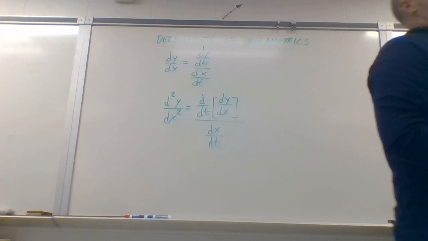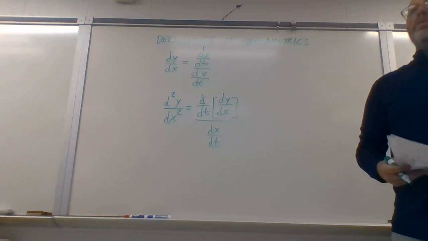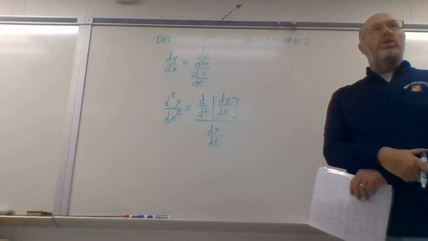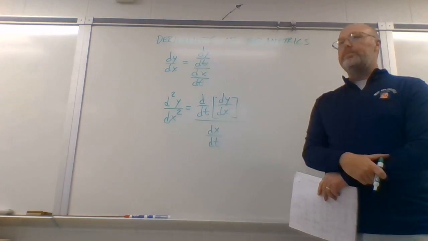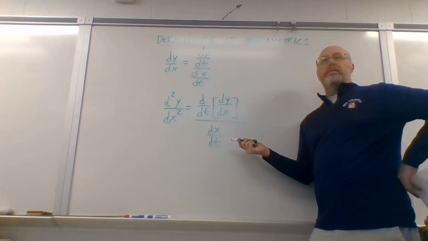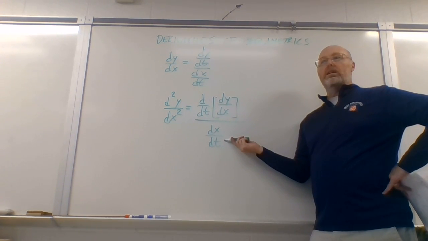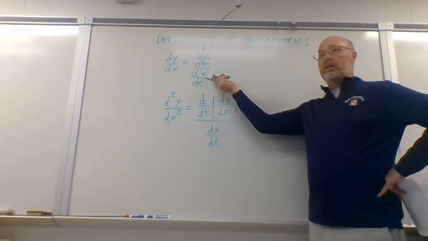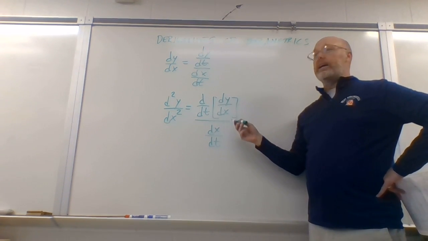I don't have a ton of time. The book actually does a pretty good job explaining why these formulas work. So let's think about this for a second. Most people get messed up right here because this is the same as the beginning. But look at what this is saying.